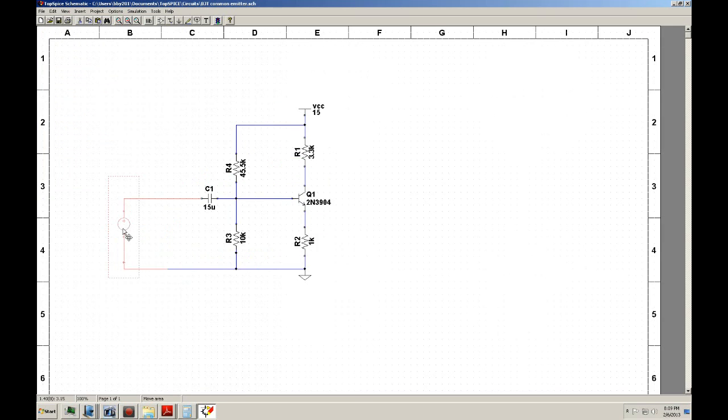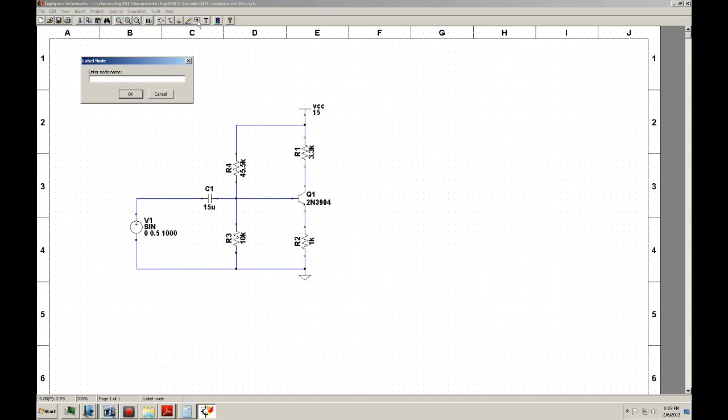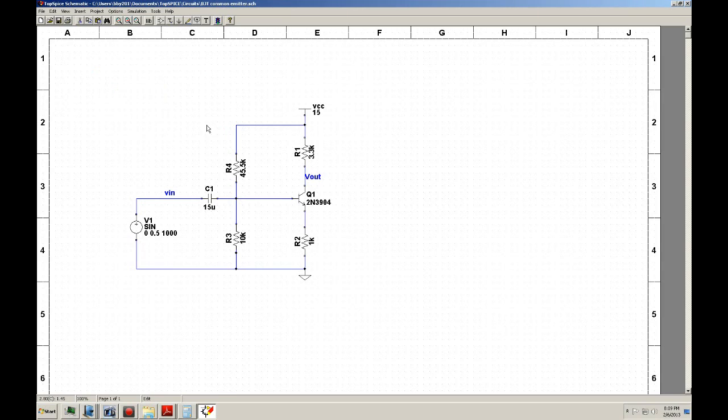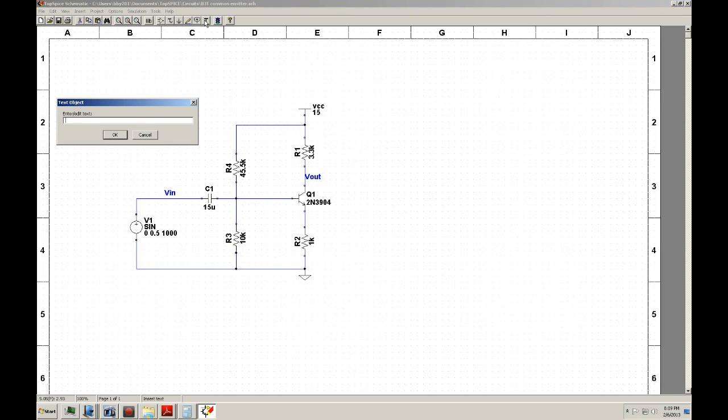Okay, so this is going to be, and we'll put a label, VN, and put V out, the capital. And then we'll put pound, auto, very good.